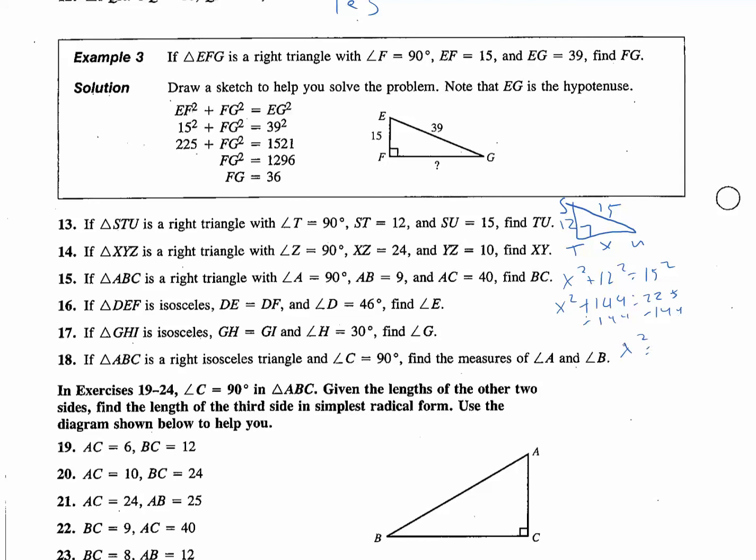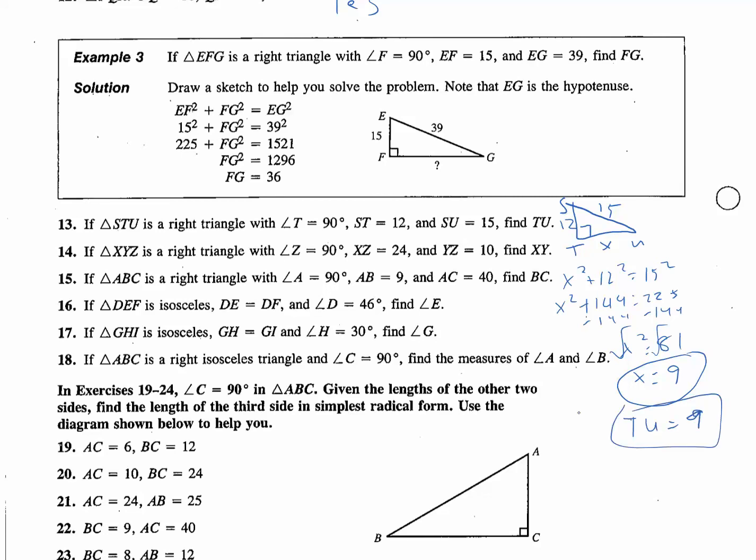So then I get X squared equals 81. And then remember, I'm solving for X, so I need to take the square root. So X equals 9. And I only want the positive answer because a triangle cannot have a negative distance. So here's my answer for X, so is 9. So I can say TU is equal to 9.